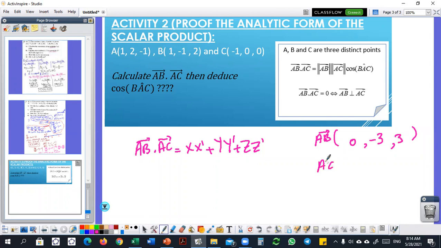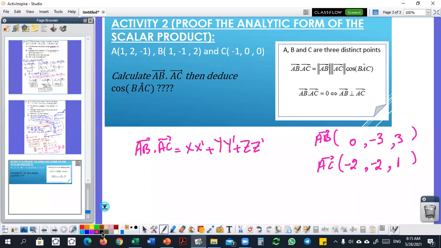What about AC vector? Its coordinates of C minus coordinates of A، يعني هذا اضربه بماينس، ما تنسى. minus 1 and minus 1 it is what? minus 2. Okay, 0 and minus 2, minus 2. 0 and the plus 1 it is 1.